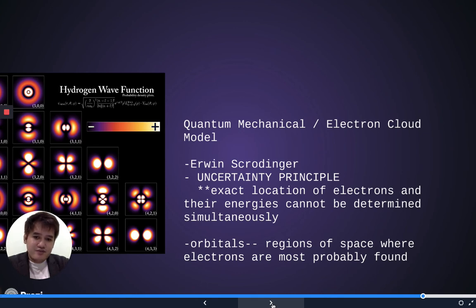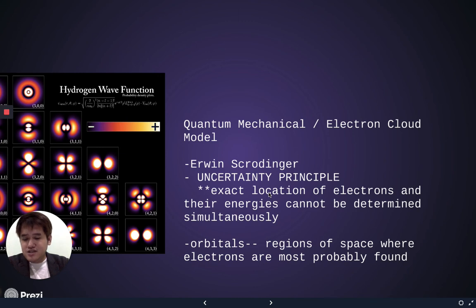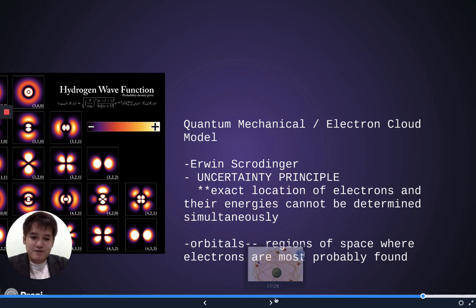The quantum mechanical or electron cloud model then developed, and the main idea is that we cannot determine the exact location of an electron and its speed or momentum simultaneously. The location of an electron is uncertain, and we can only guess at the probability. So the idea of orbitals came about, which are regions of space where electrons are most probably found.